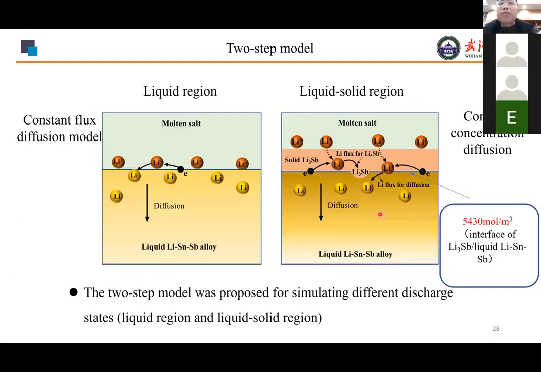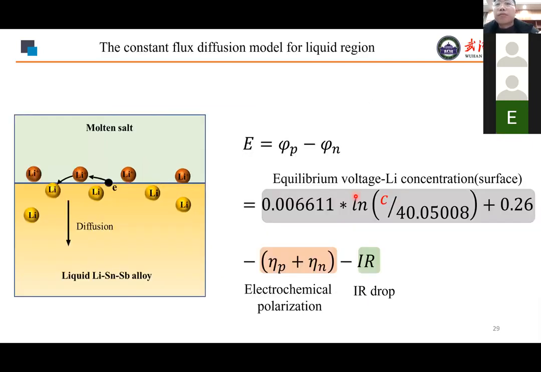simulation. During discharge, there are two different mass transfer models in liquid region and liquid solid region. We proposed a two-step model to simulate the mass transfer and phase evolution in positive electrode during discharge.